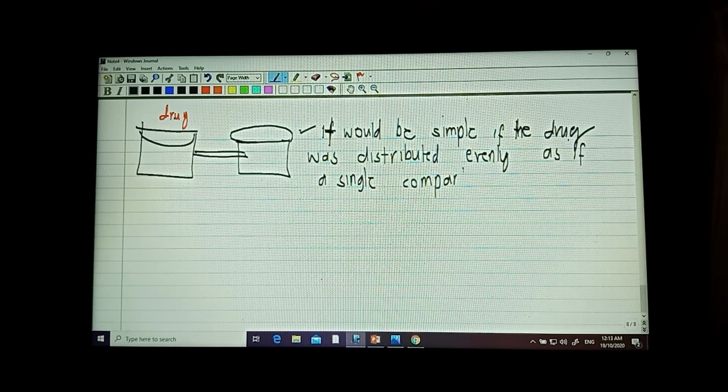But that's not the case. That rarely occurs. Why? Because we have two compartments, your plasma compartment and the rest of the body.